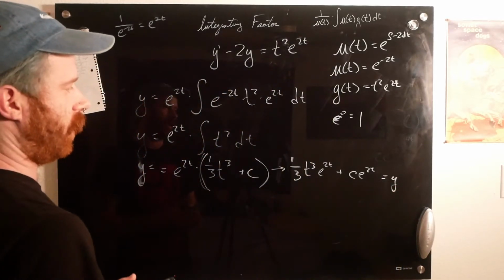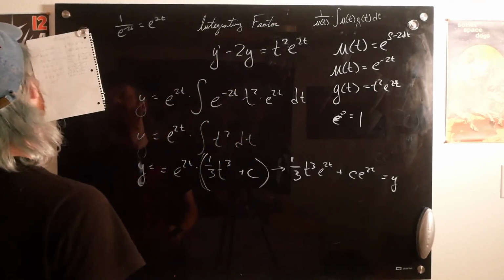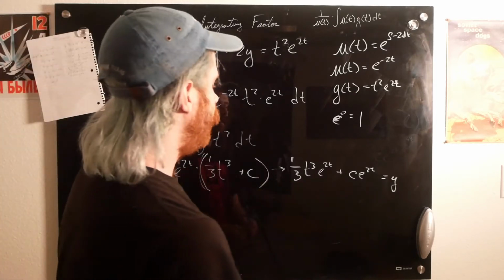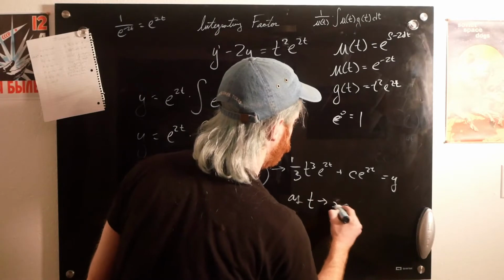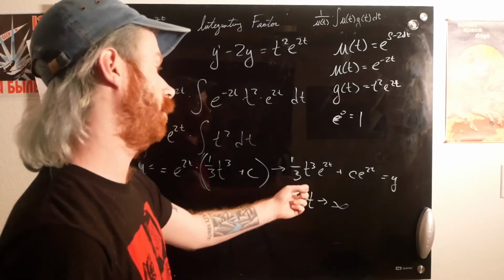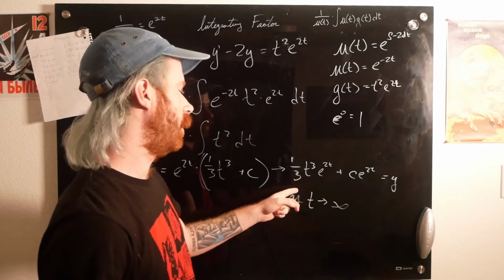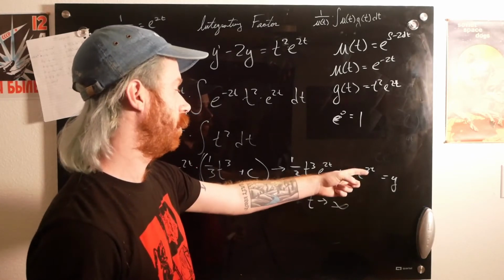And we're now going to evaluate what happens whenever t goes to infinity. So as t approaches infinity, what's going to happen to y? Well, this is going to be really, really big, right? This whole part is going to be really, really big. This is going to be really big also.